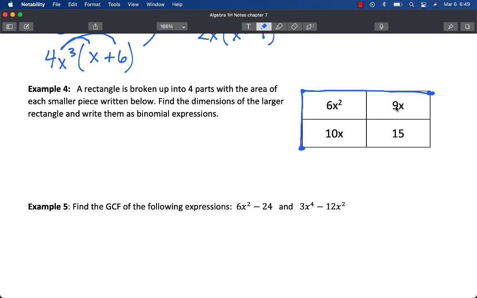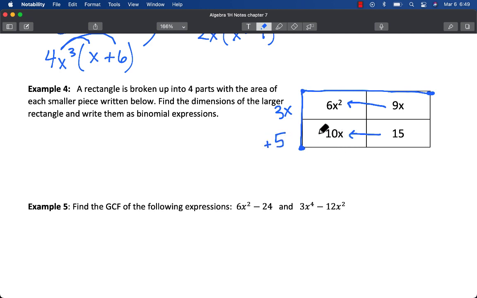How we're going to solve this is we're going to take a look across our rows and up our columns here. So we're going to just ask ourselves, what's the greatest common factor of this row? Well, it looks like I can divide out a 3x. All right, let's go down to the bottom one. What can I divide out of this bottom row? It looks like they both have in common a positive 5.